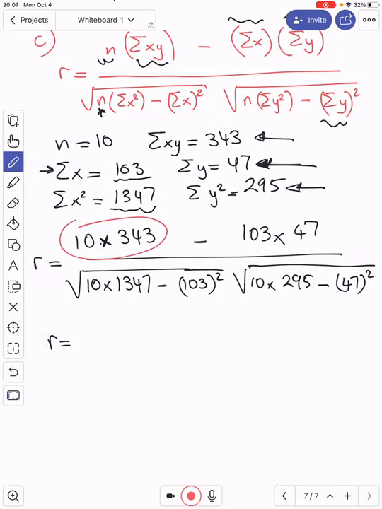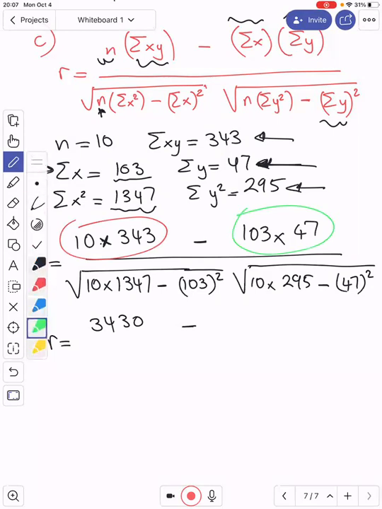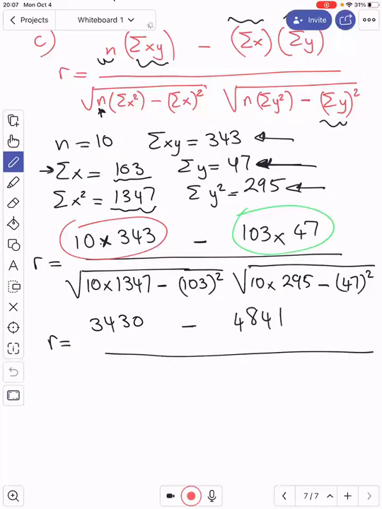That will be 3,430, minus 103 times 47, which is 4,841. Okay, so I think the top is not a problem.